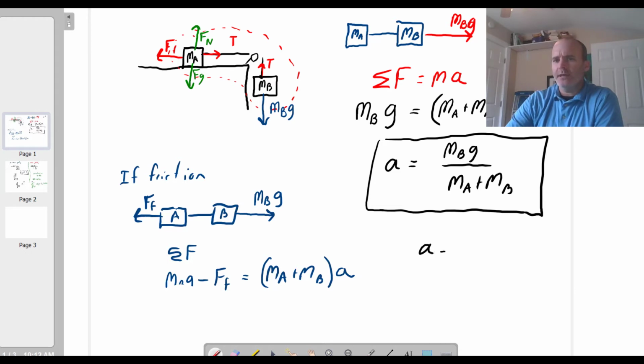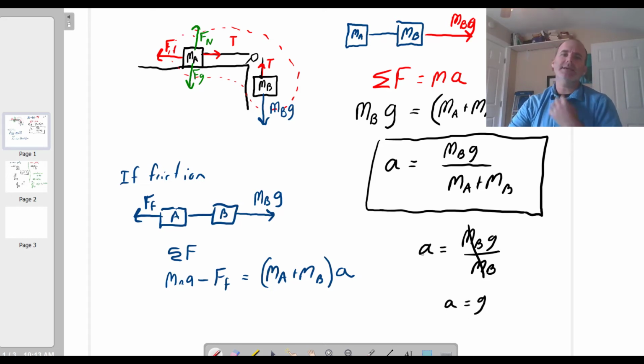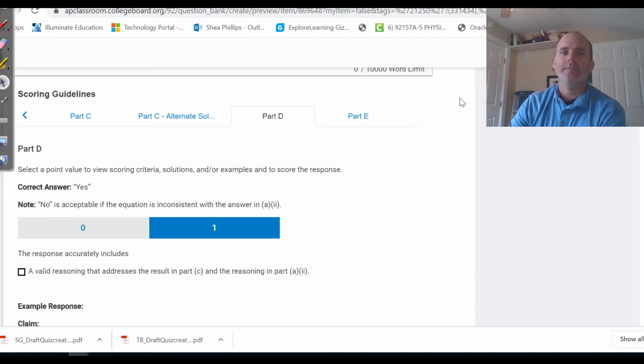Well, if MA goes close to 0, you would have MBG over MB. They cancel out, so acceleration would be equal to G. So if you said for the second part that if A had really small mass, the acceleration is going to be close to G, then my equation backs that up.